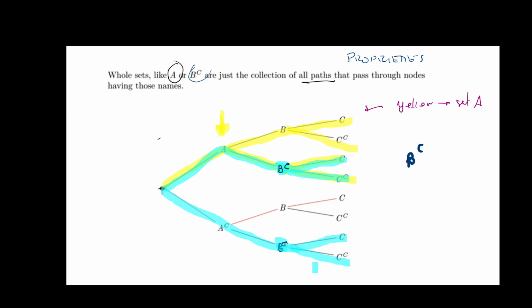If I want to represent B complement, the sum or the union of all blue paths represents B complement, while the sum or the union of the paths in yellow represents set A. Okay? Questions? Good? All right.